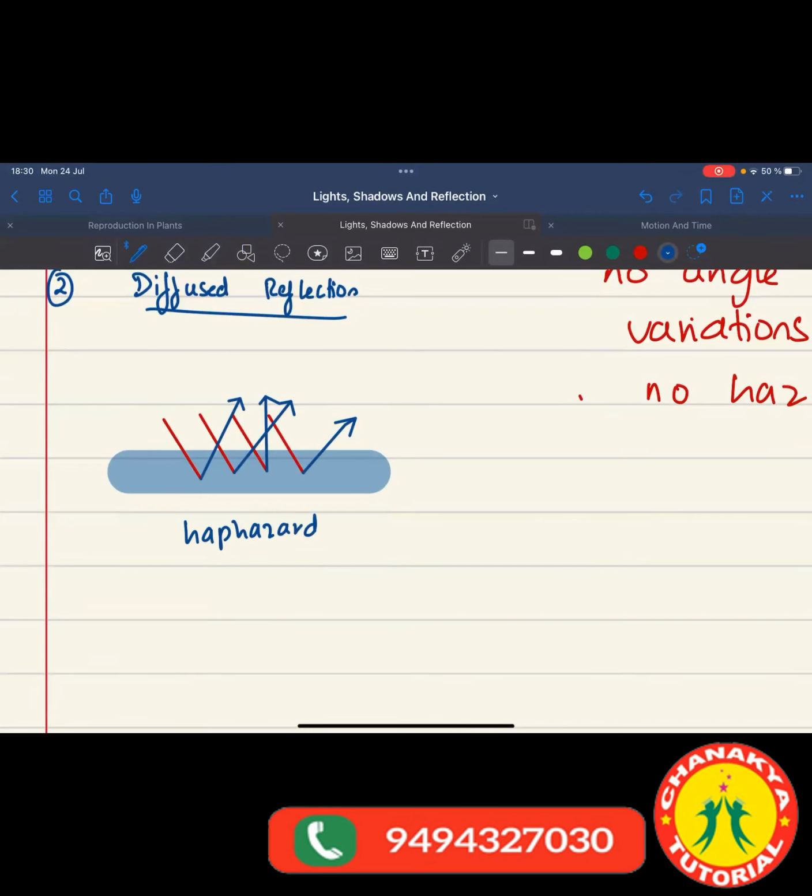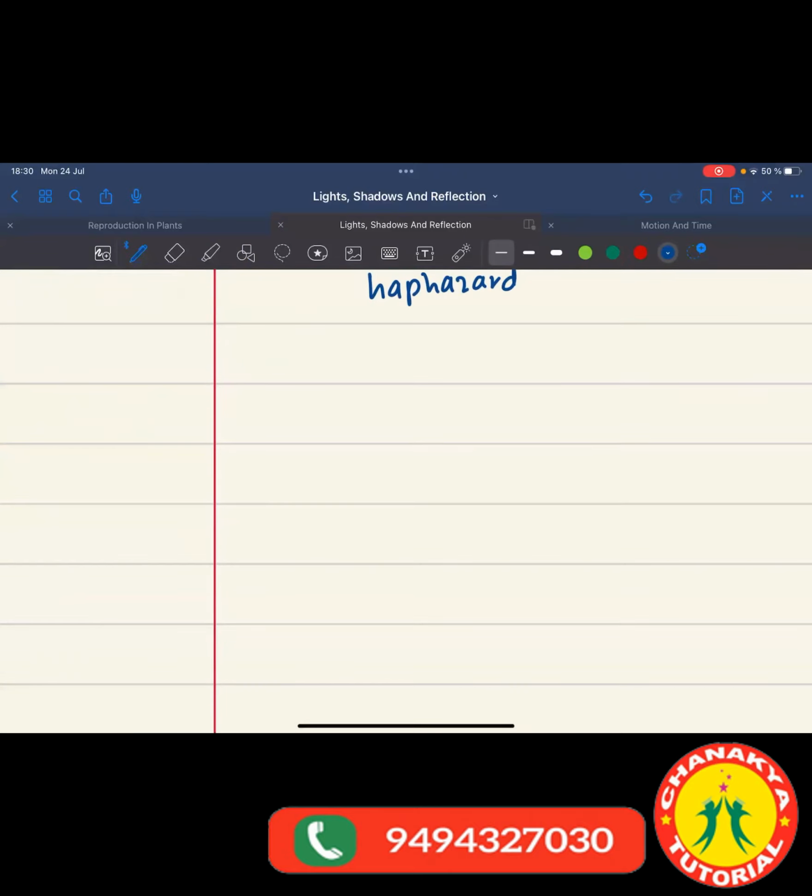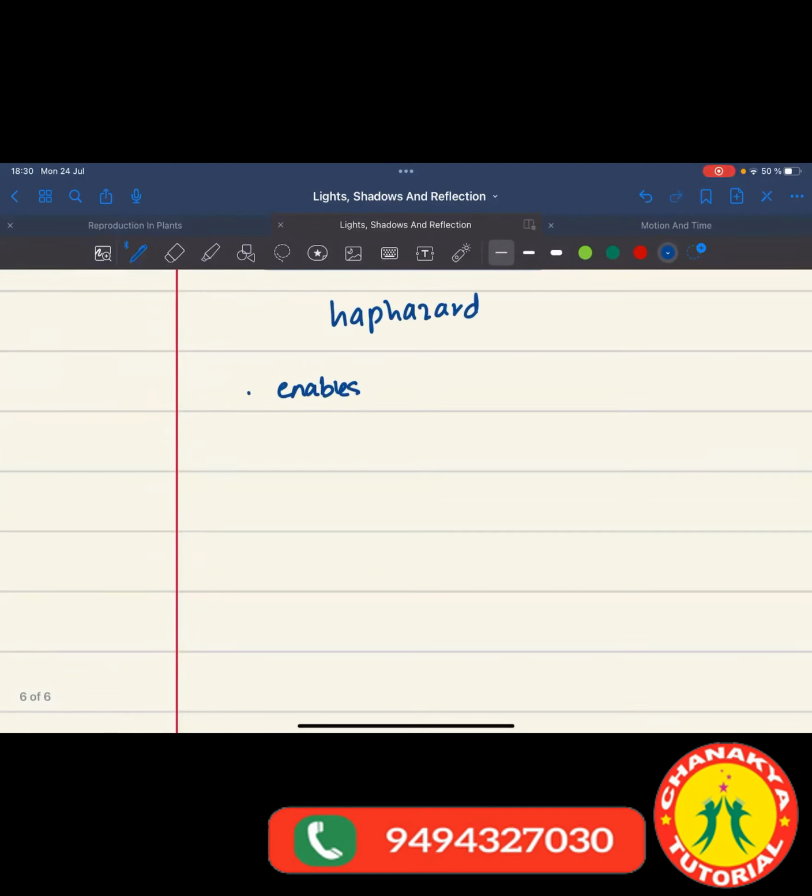Okay, so this diffuse type of reflection enables us to see non-shiny objects. And when does this diffuse reflection occur?